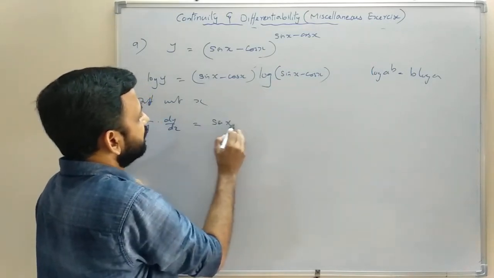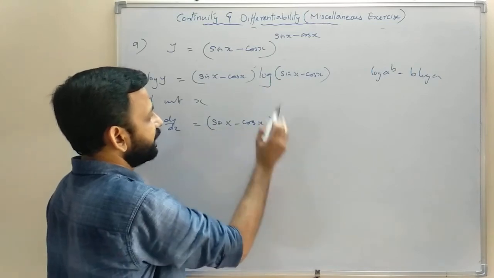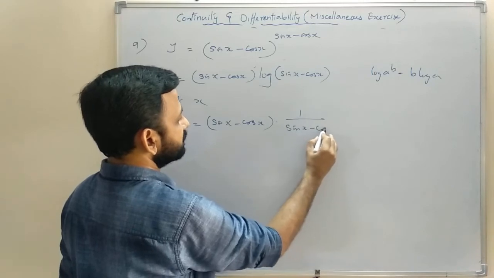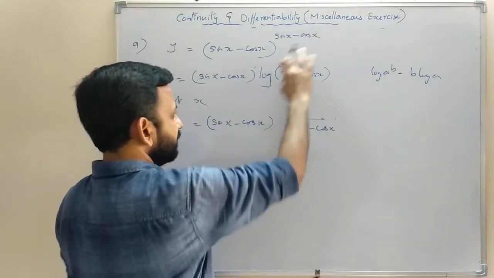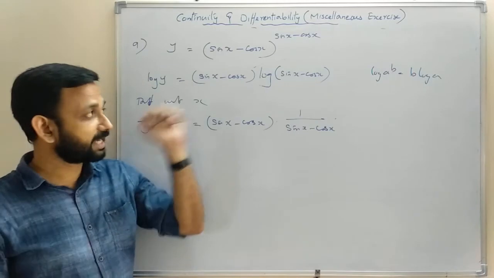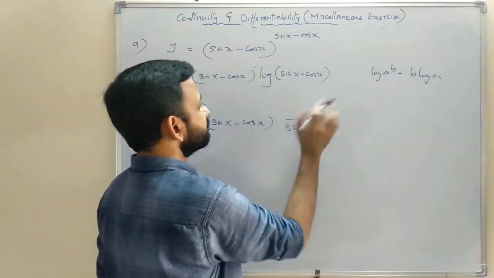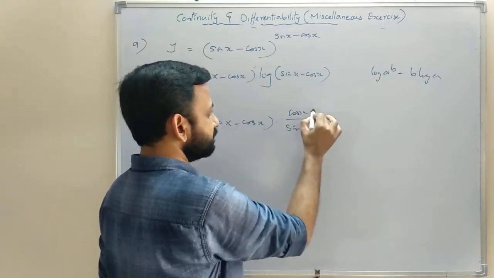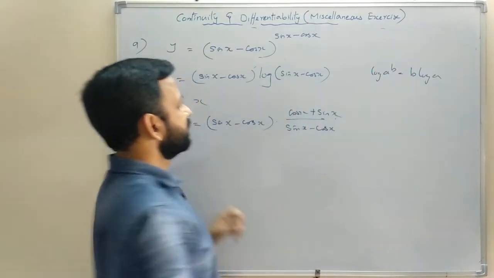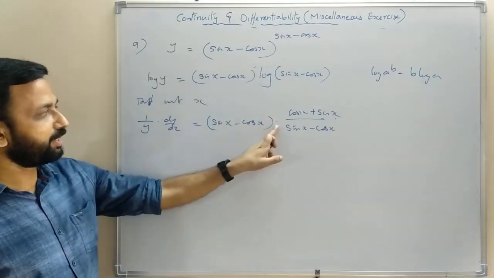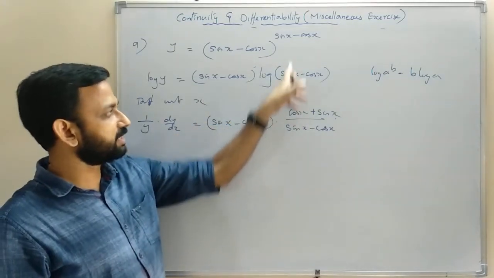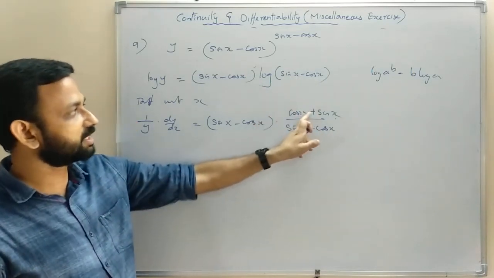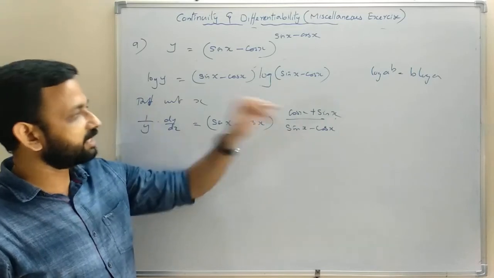That is sin x minus cos x into the derivative of log, that is 1 upon sin x minus cos x, into the derivative of sin x minus cos x: the derivative of sin x is cos x, then the derivative of cos x is minus sin x, so that is cos x plus sin x.